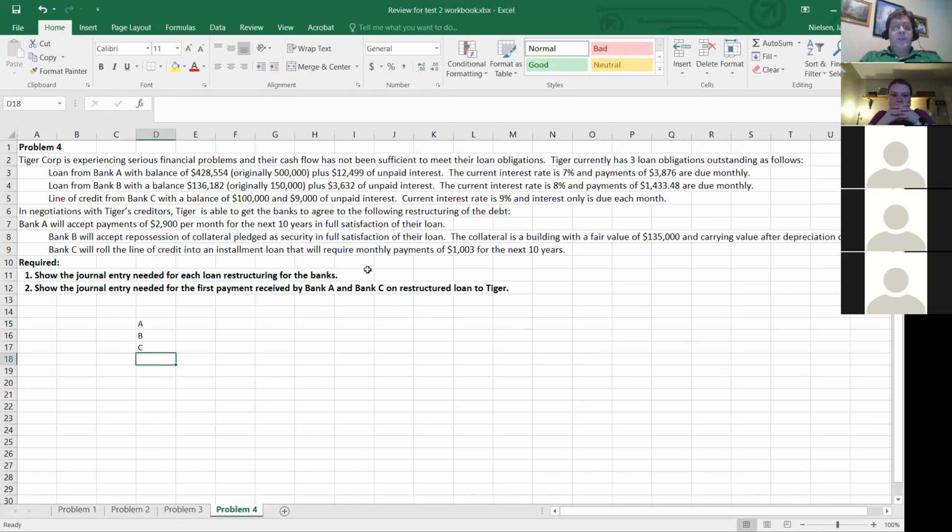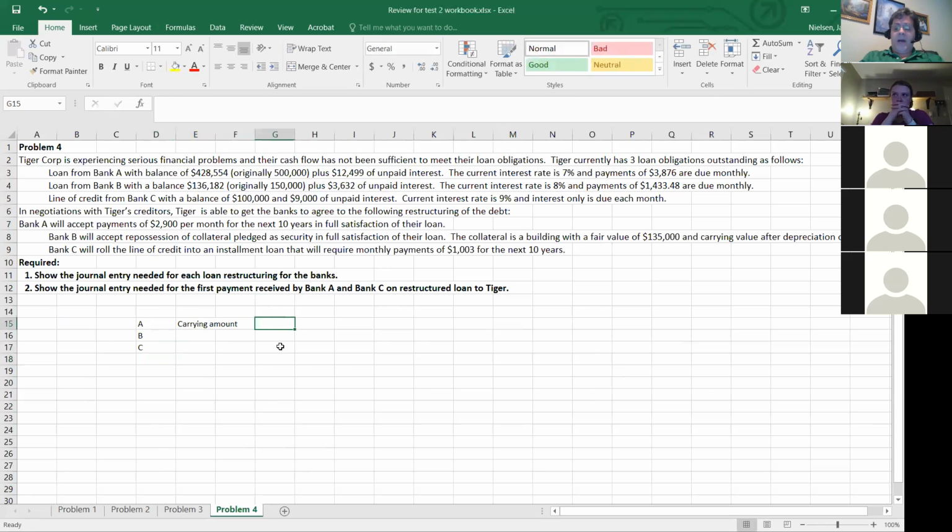Okay, so first thing we need to do is get the carrying amount of the loan. So it's what the balance is plus any unpaid interest.